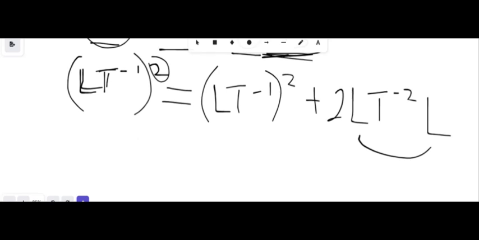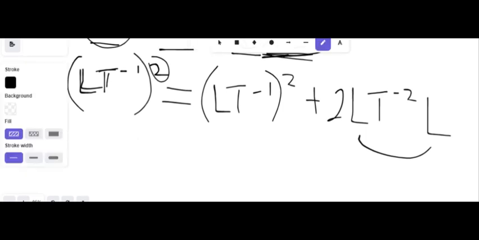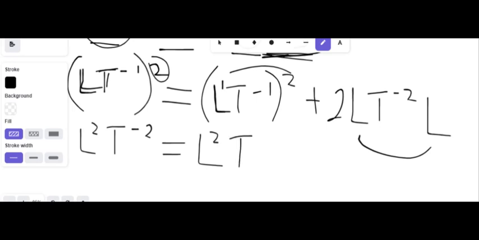So this is going to be L raised to power 2, T to the power minus 1 times 2, which is minus 2. So L2 T to the power negative 2 equals this L that has power 1 before, multiplied by this 2, so it's L to the power 1 times 2, which is 2. Then T raised to power minus 1 times 2 is minus 2.